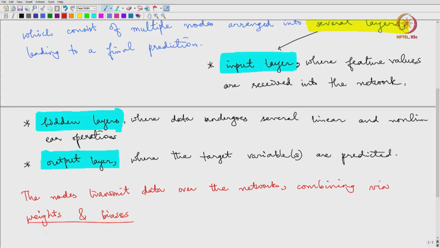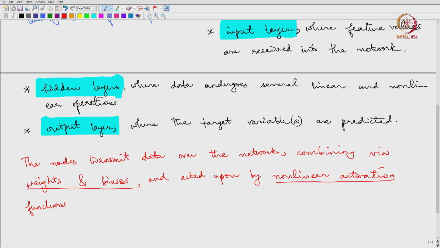So, you have both weights and biases, which are used to act on the data that you have, and the data is also acted upon by nonlinear activation functions, before generating the desired output in the output layer.